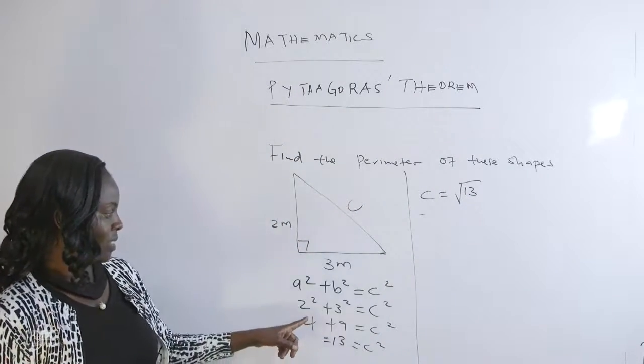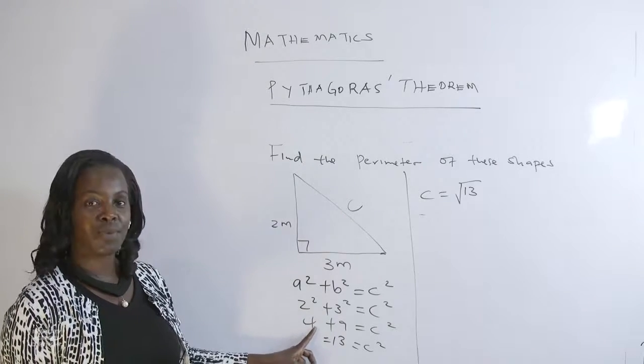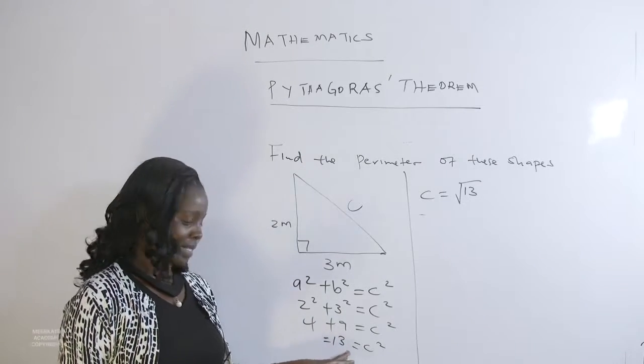So when we find the squares of 2 and 3, that will give us 4 plus 9, and that is 13.